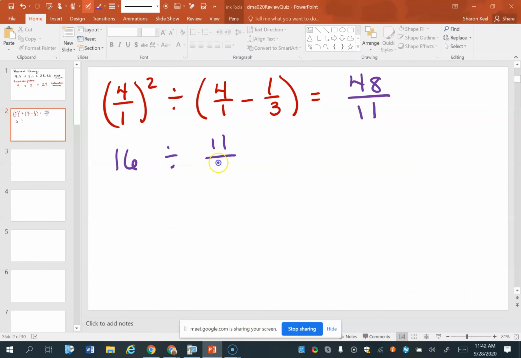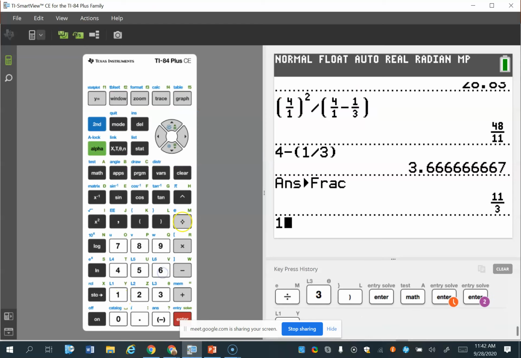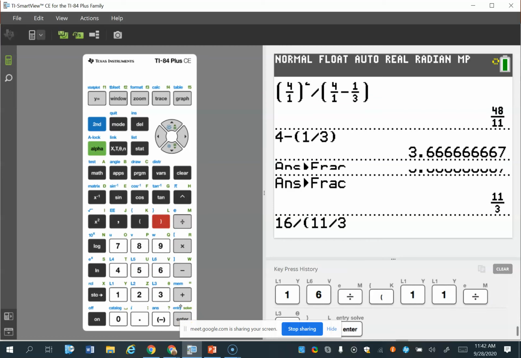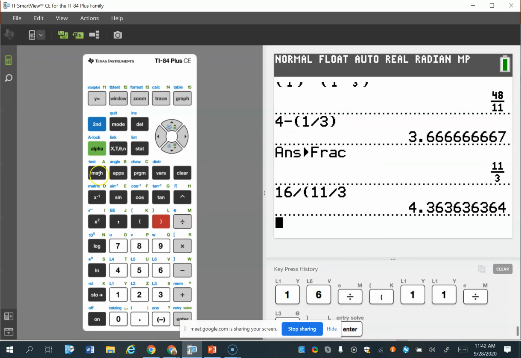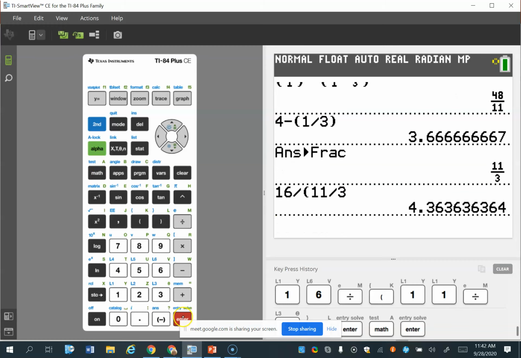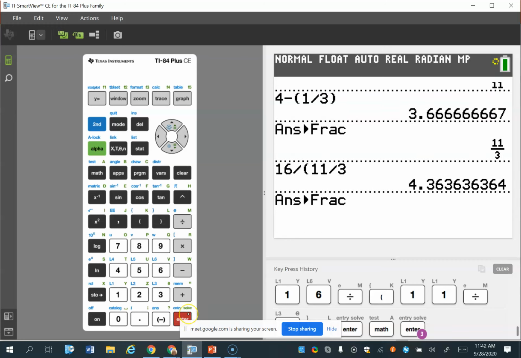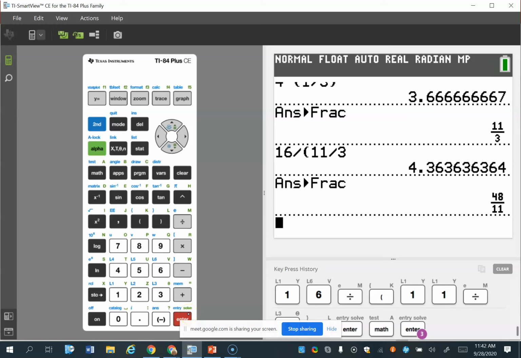So we have 16 divided by 11 thirds. And then math, enter twice. That would then go back to the same answer of 48 over 11.